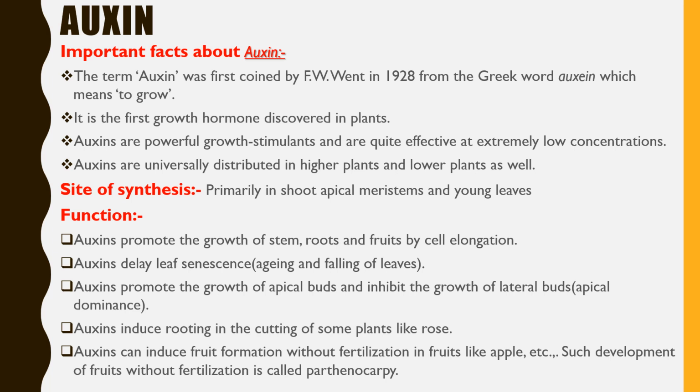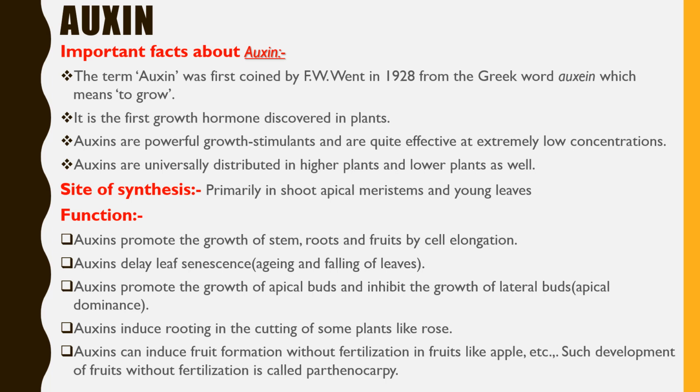First hormone is auxin. Important facts about auxin. The term auxin was first coined by F. W. Went in 1928 from the Greek word auxein, which means to grow. It is the first growth hormone discovered in plants.